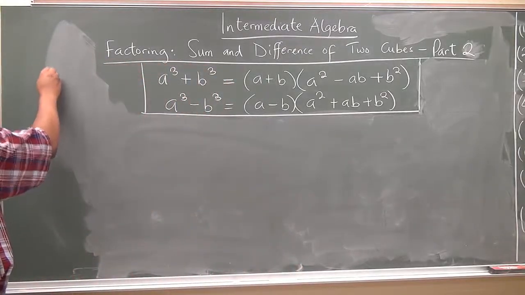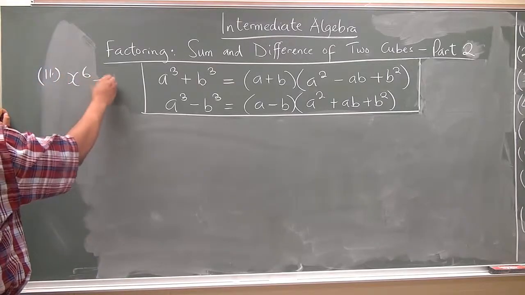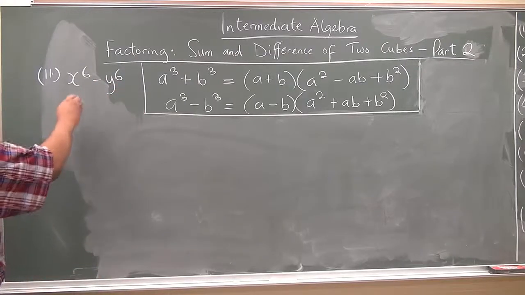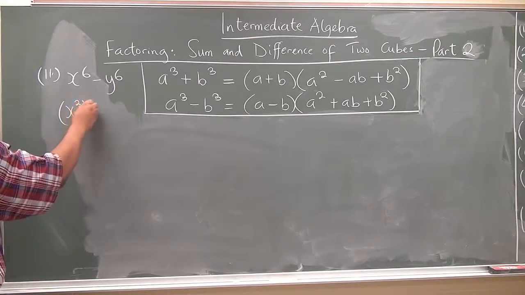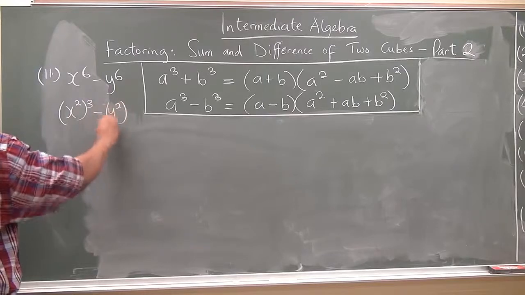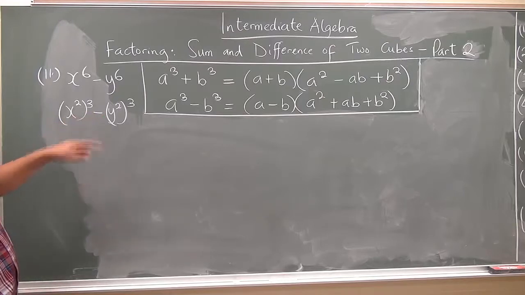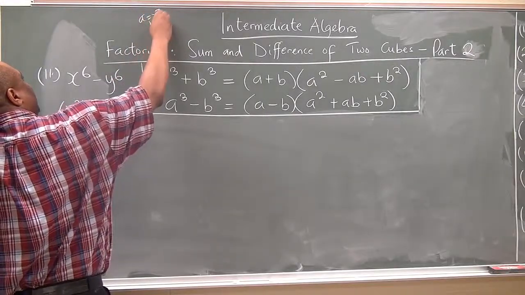Number 11 says x^6 minus y^6. This is x squared cubed minus y squared cubed. If you compare it, a will be x squared and b will be y squared.